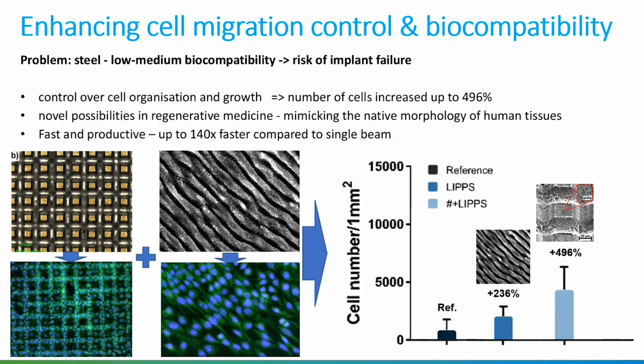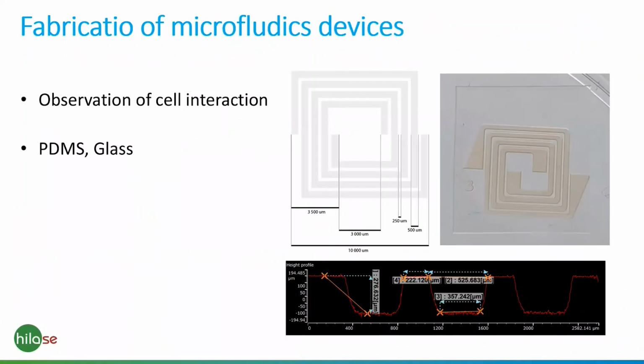So we think that we may maybe mimic some different shapes to even improve biocompatibility even more. But even with these structures, we were able to increase the cell number 5 times on certain structures. So again, very nice result, which improved the biocompatibility of steel in this case.